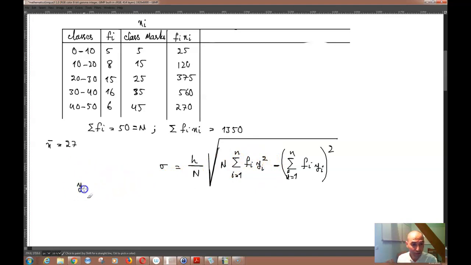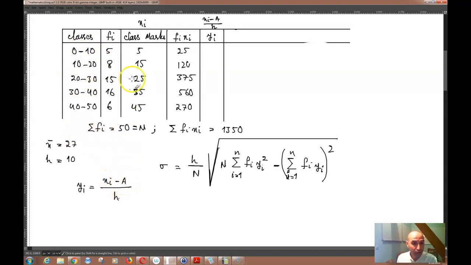We said that y(i) is equal to x(i) minus a, divided by h. First of all, your h is equal to 10: 10 minus 0, 20 minus 10, 30 minus 20 is equal to 10.